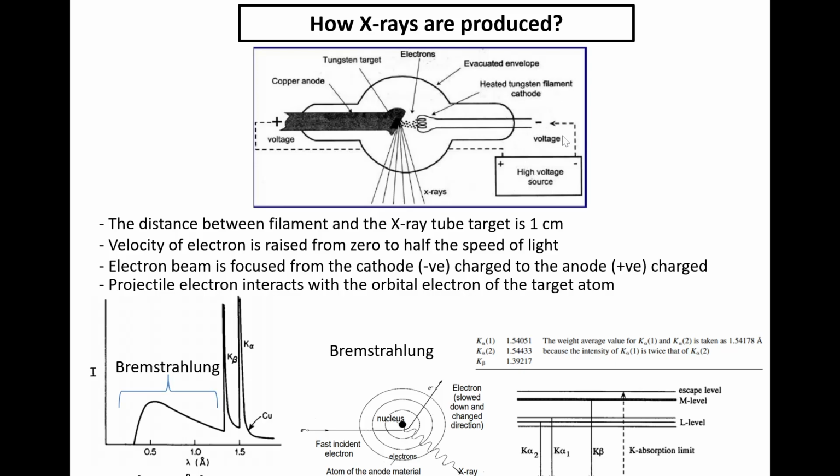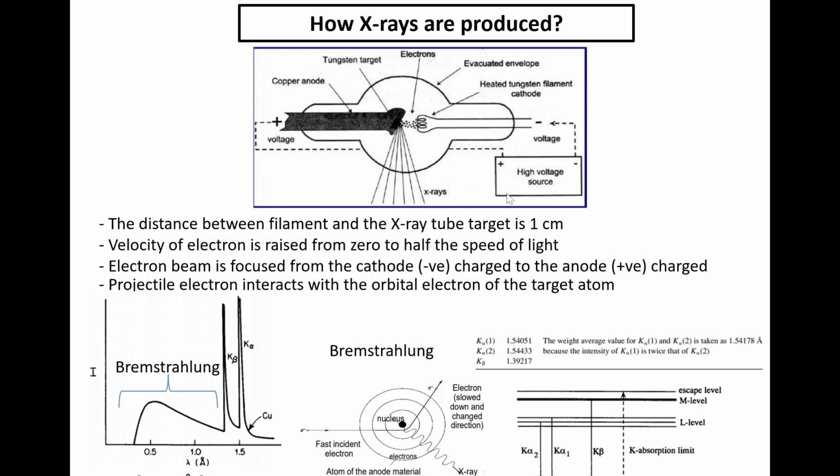As you increase the voltage, because of the heating effect of the cathode, the electrons present in it will be ejected from the cathode. Since the electrons are negatively charged, they will move to the positive terminal, that is your anode.